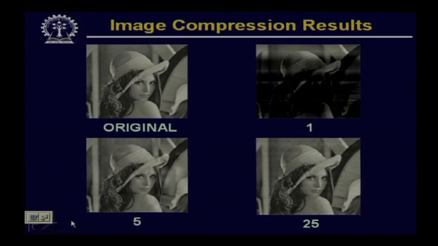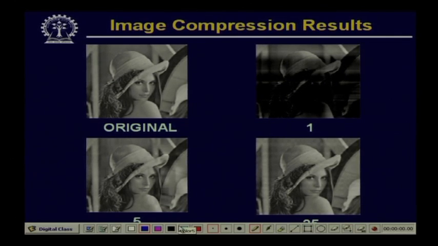So, here we have shown some of the images. Here the top image is the original image.